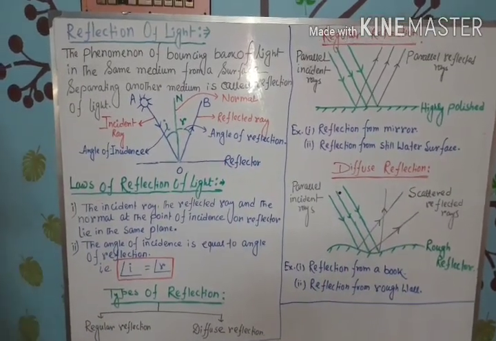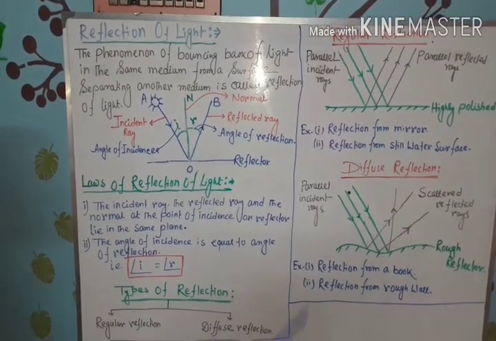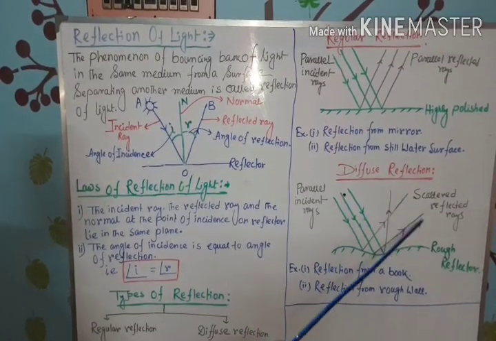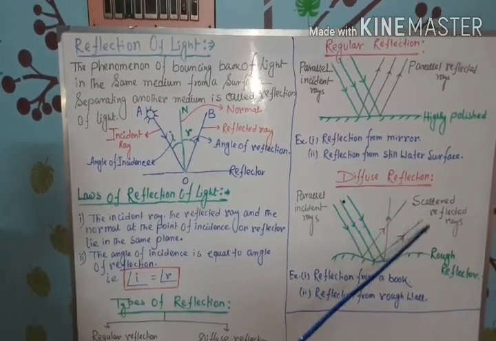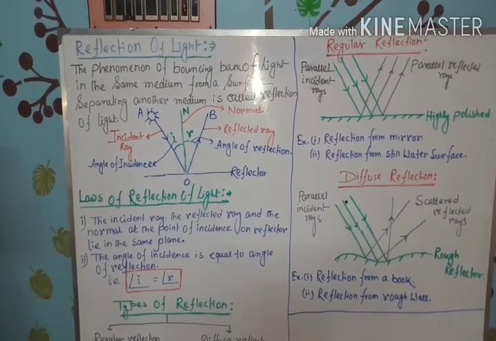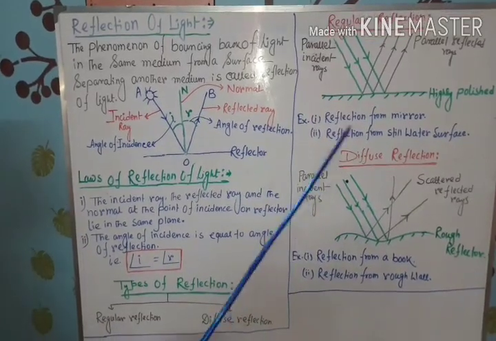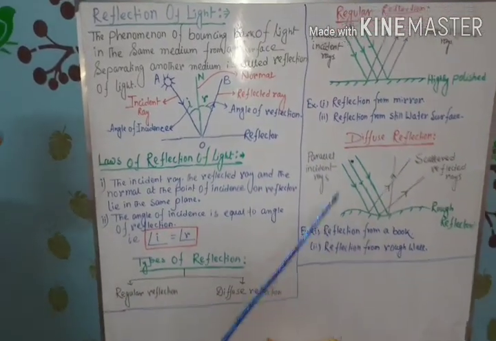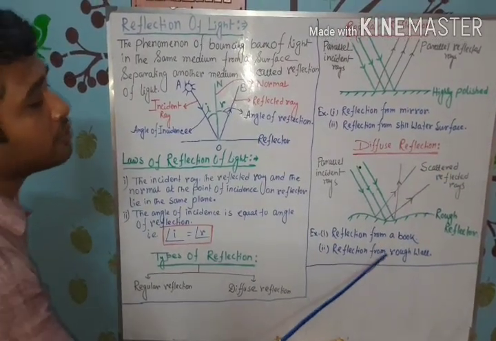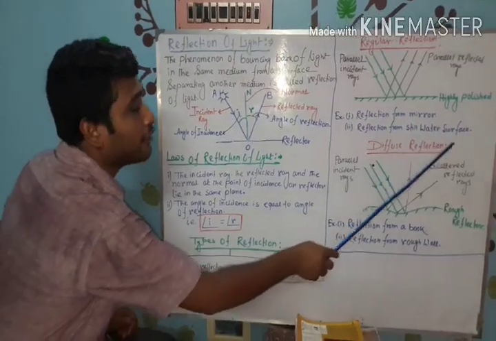In this type of reflection, if the light rays fall on the reflector parallel to each other, after reflection they are not parallel to each other, they are scattered in different directions, and that type of reflection of light is called diffuse reflection. Diffuse reflection occurs in reflection from a book and reflection from a rough wall. These are examples of diffuse reflection.